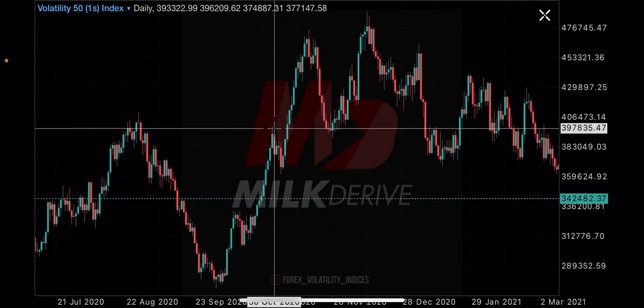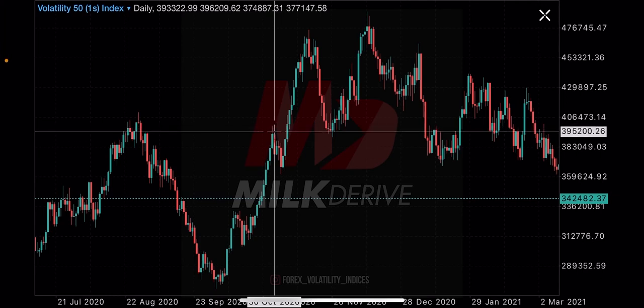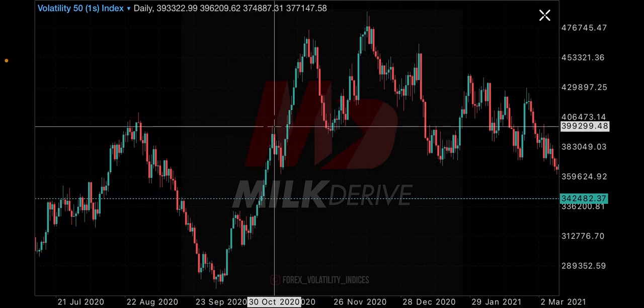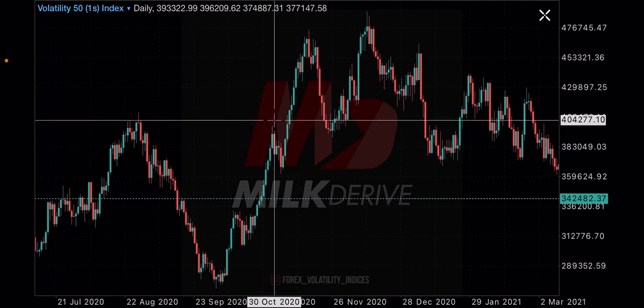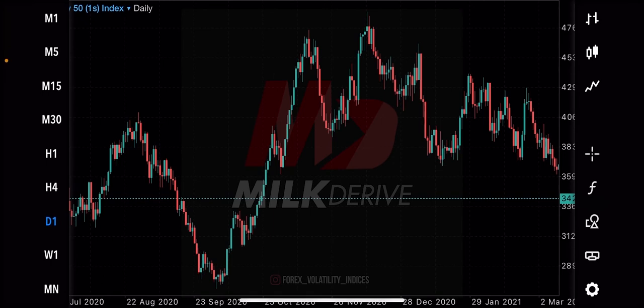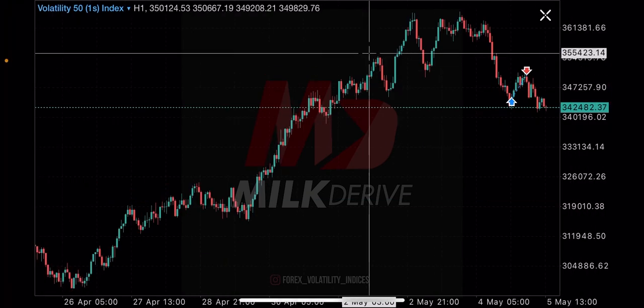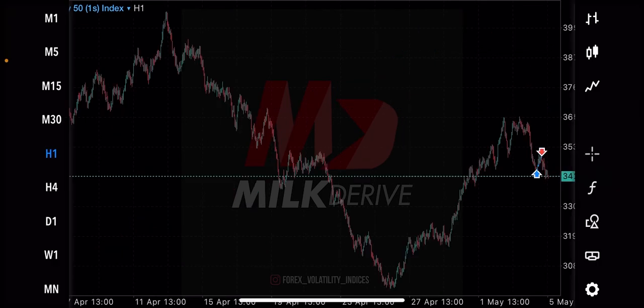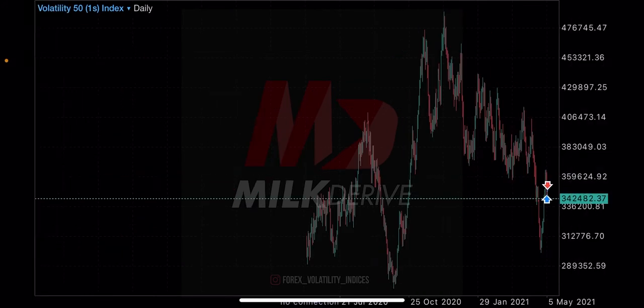The red candlestick where my cross identifier is starting is formed in 1 day because I'm in the day one time frame. Then if I go to the 1 hour time frame, this candlestick is formed in 1 hour.